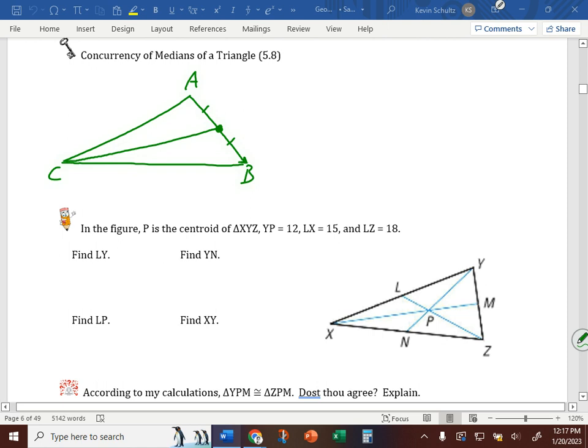And we'll call this point X. So here you can very clearly see it's not an angle bisector. It does not bisect angle C there. And it doesn't intersect segment AB at a 90-degree angle. Okay? All it does is connect the midpoint of that side to the other angle.